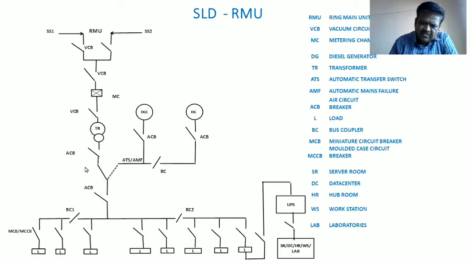These are all ACBs, MCCBs and MCBs and other breakers, not VCB. And you cannot find any ACB or MCCB at the HT side. You cannot see VCB at the LT side. I will explain this in detail while explaining circuit breakers. What is the reason for this? Why can't we use VCB at the LT side? Why can't we use ACB and MCCB at the HT side?